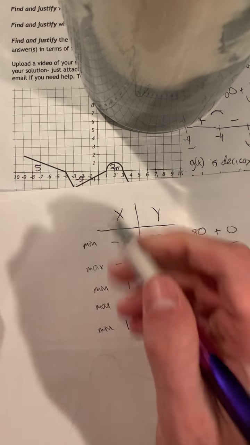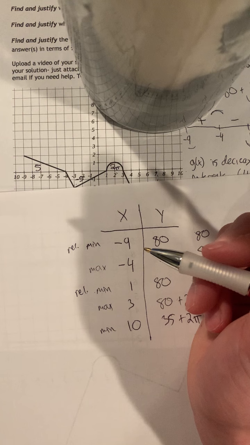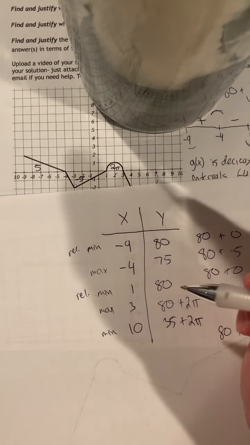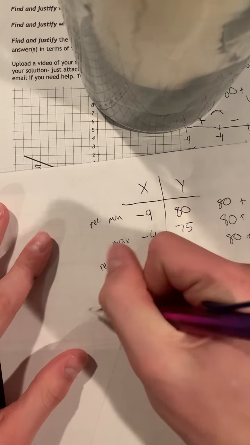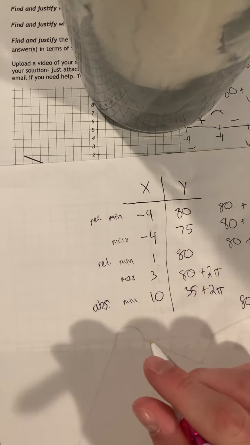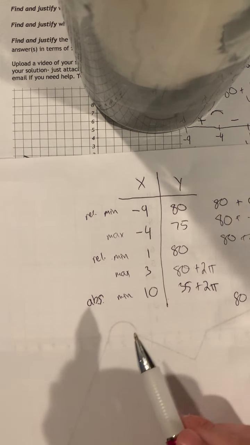So these are going to be relative. Oh wait. Yep, those are going to be relative. So the absolute min is going to occur at 10.